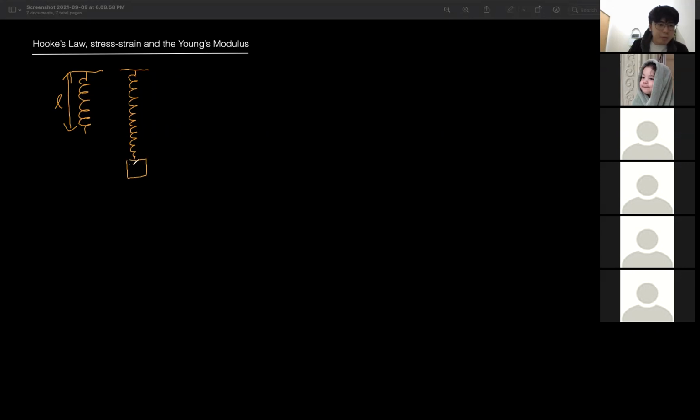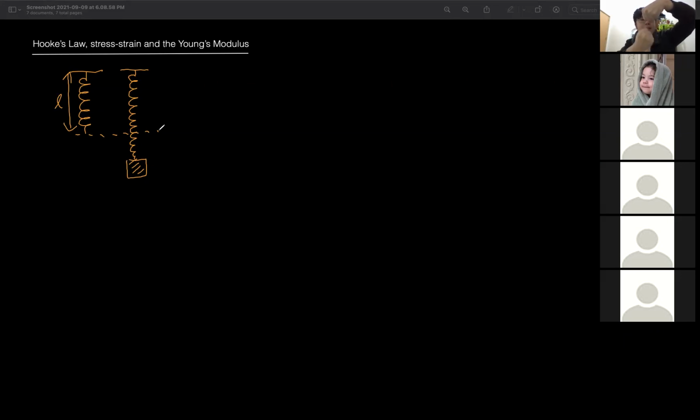The moment I put the load on it, a force is applied to pull the spring down. What happens is that the last particle in the spring gets stretched away from the particle next to it. Again, you try to disturb the spacing, then it tries to resist. It tries to come back.